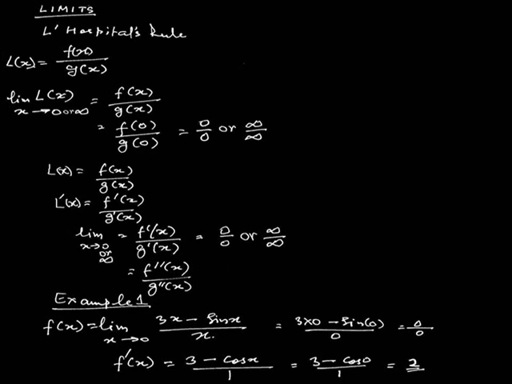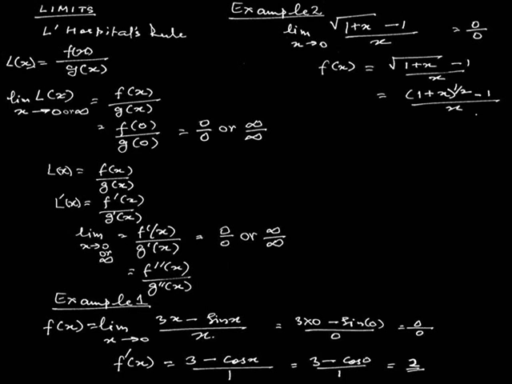Now take another example. Limit x tends to 0, (under root of 1 plus x, minus 1) divided by x. Simple application of limits will lead to the 0 by 0 condition. So now apply L'Hospital's rule again. Derive the numerator and denominator.